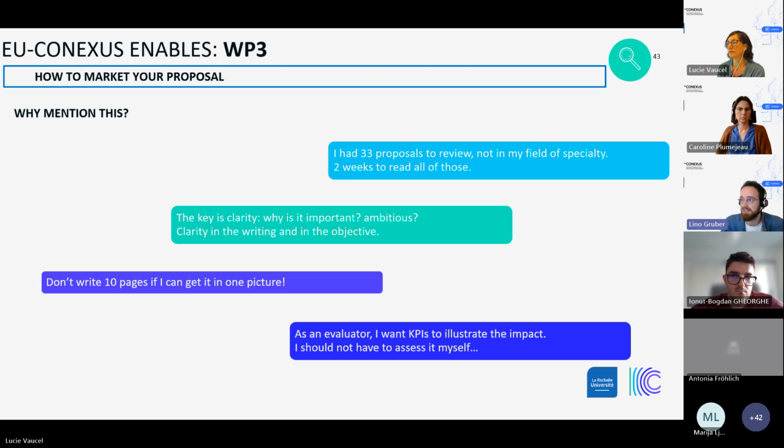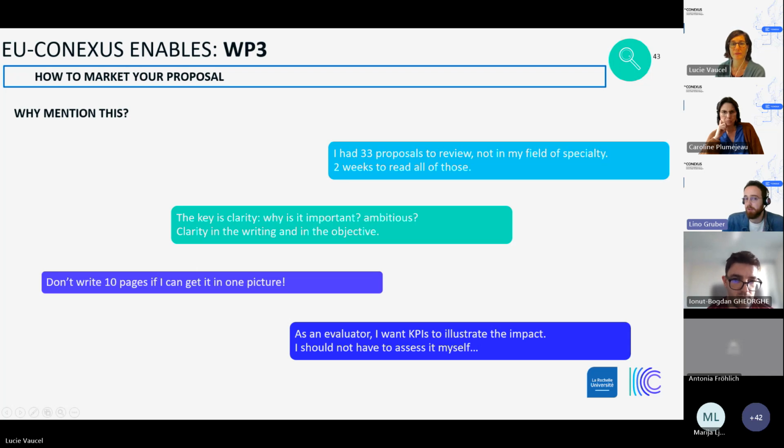So the first one says, I had 33 proposals to review, not in my field of specialty, 2 weeks to read all of those. So indeed, even if most of the EU funding programs try to secure evaluators whose field of expertise is close to that of the applicants, it's not always an exact science.